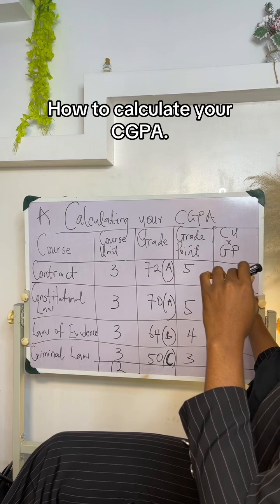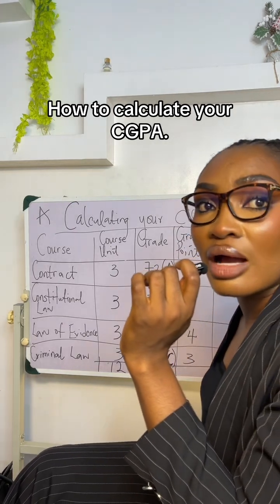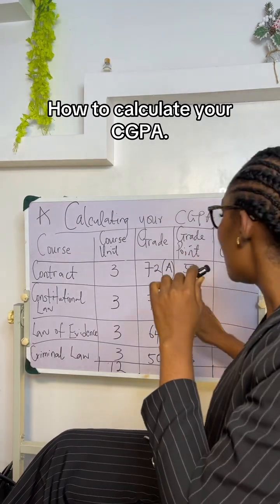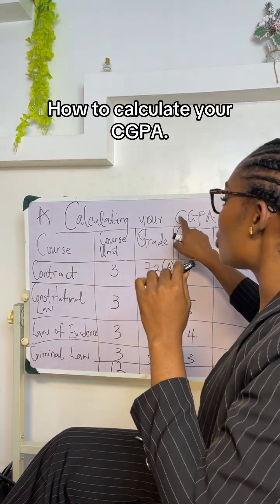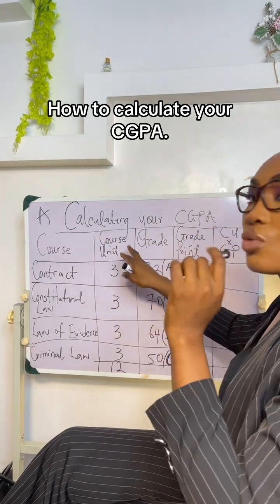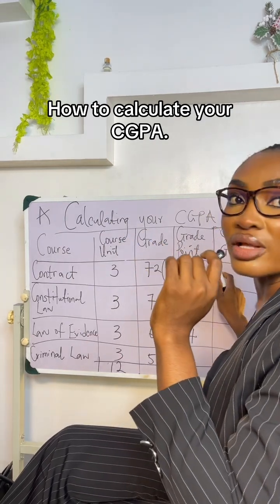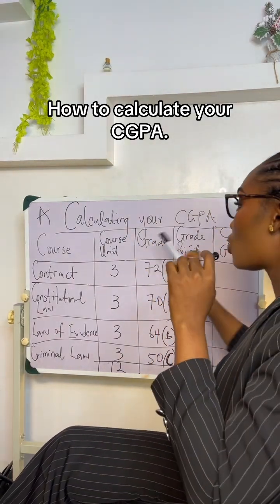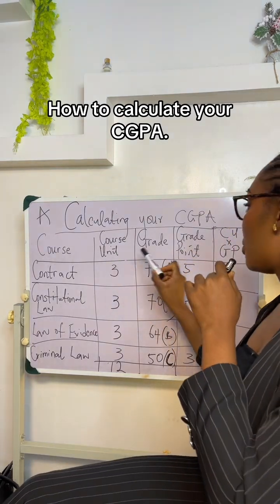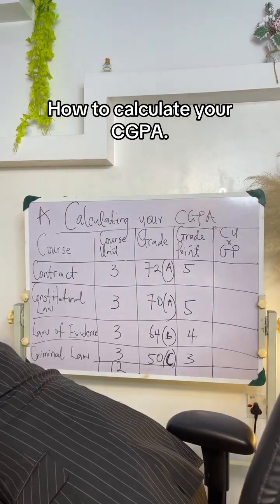This would give us scores that we are going to use. In order to calculate the cumulative grade point average of this hypothetical student A, we are going to multiply the course units with the grade points. And so we tag the course unit as CU and the grade points as GP.